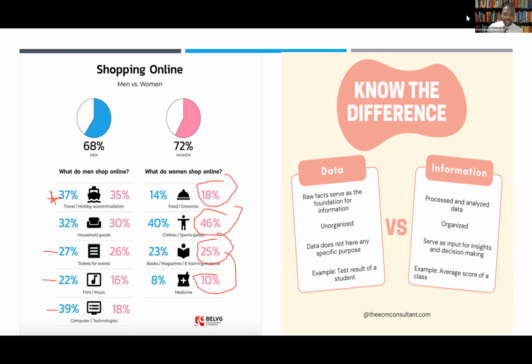if you present a group project for an e-commerce site that happens to be selling clothes or sports goods, you know that your target market is more women who are online, that shops for these items.